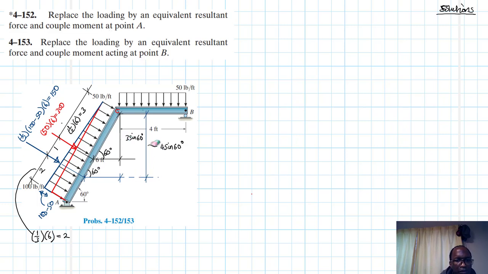Let me write it in blue. This is a 4 sine 60, and this one is a 3 sine 60. And then this one is a 4 cos 60, and this one is a 3 cos 60.